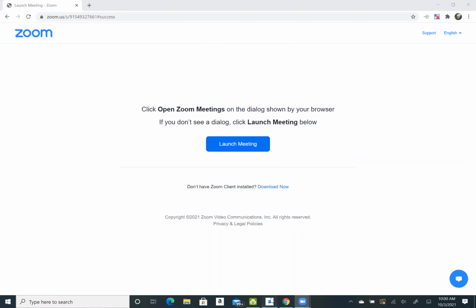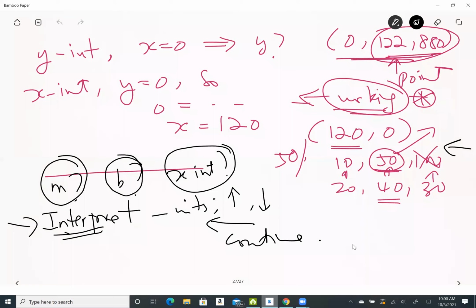So let's finish up the example on the depreciation. What we want to do, I hope everybody already did that example. Now let's go to that example.